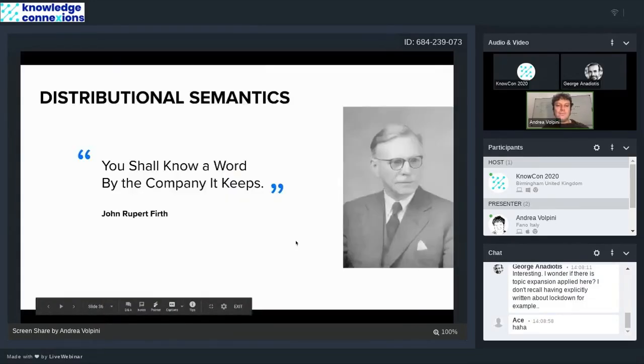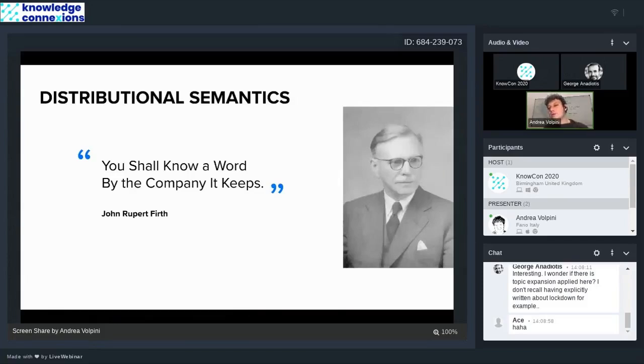So in order to understand the concepts behind a song like that, we can use something called distributional semantics, and here we have John Rupert, an important leading figure in British linguistics from the 50s. It has been foundational for a lot of the work that is done today in the context of NLP.